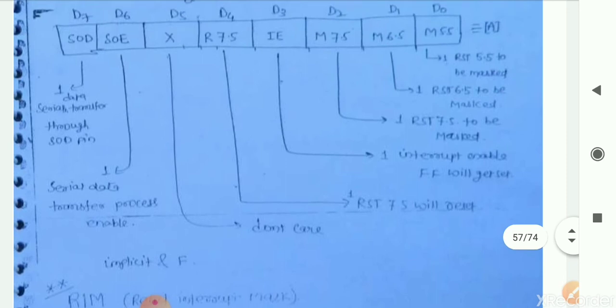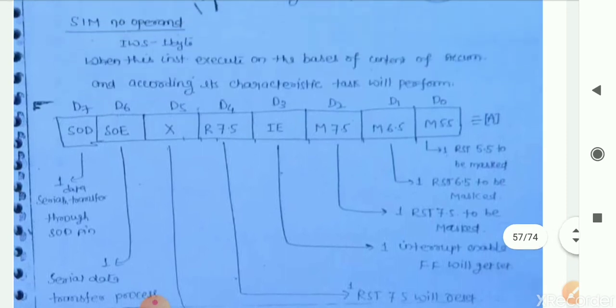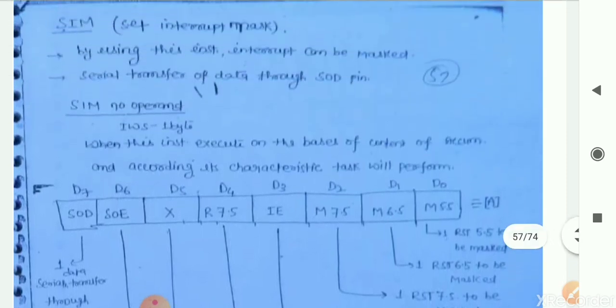Again, I'm illustrating some of the things about set interrupt mask. By using this instruction, the interrupt process can be masked. How many interrupts can we mask? RST 5.5, 6.5 and 7.5. To reset RST 7.5, which bit of the accumulator should be set to 1?